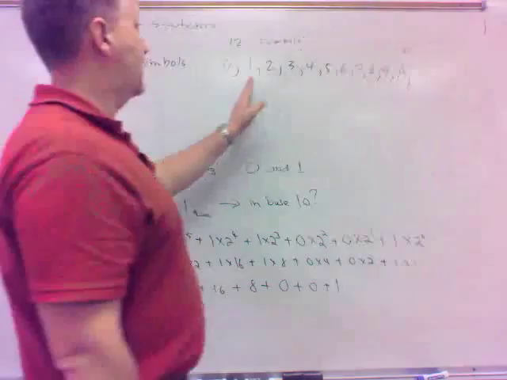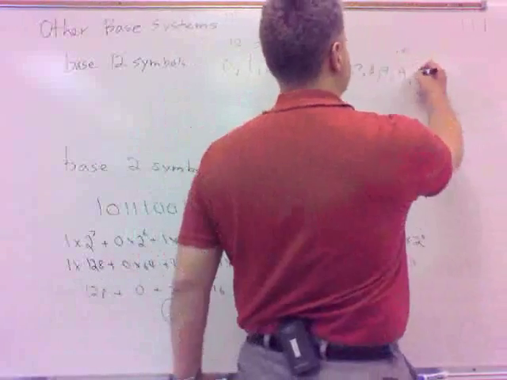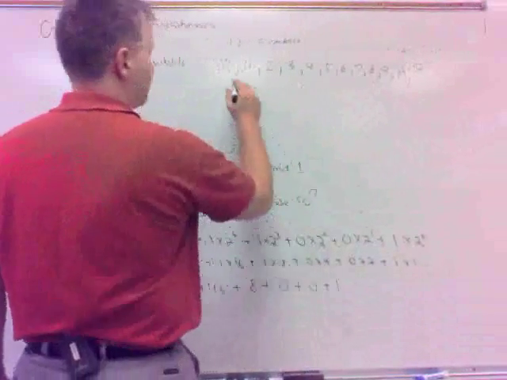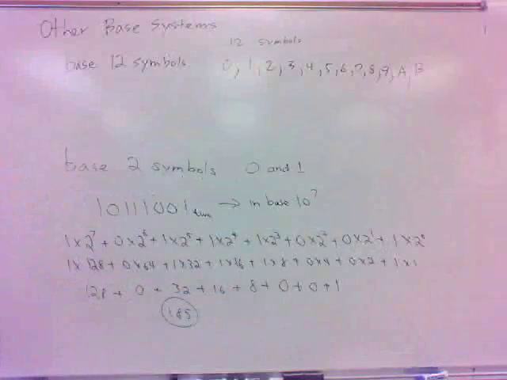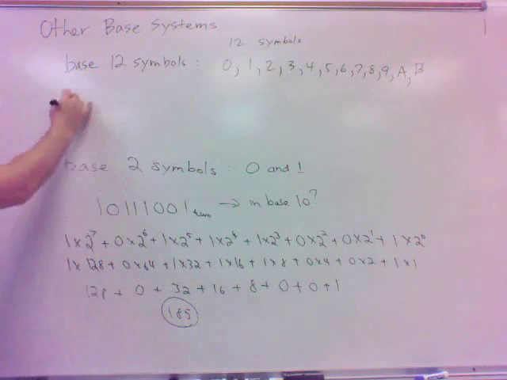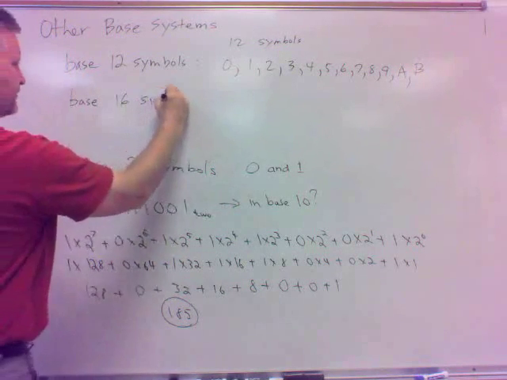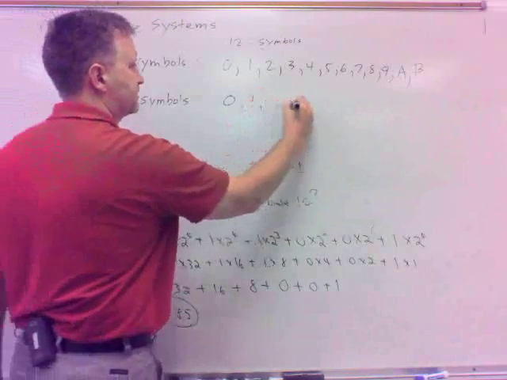So that gives me how many? That gives me 11 symbols, so I need a 12th one. So in base 12, the symbols are 0 through 9, and then A, and then B. A more utilized one, because it's a power of 2, is base 16. So what would be the base 16 symbols?